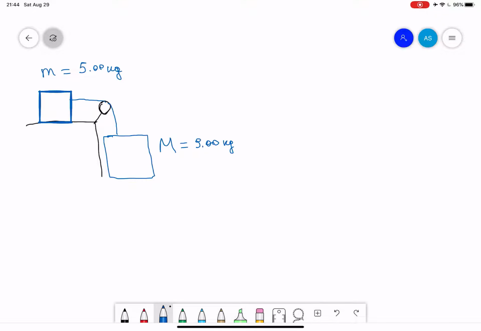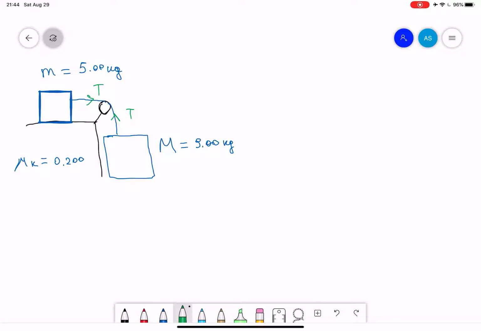We also have that the coefficient of kinetic friction, mu k, is equal to 0.2. Now, in this problem, we have to find the tension.